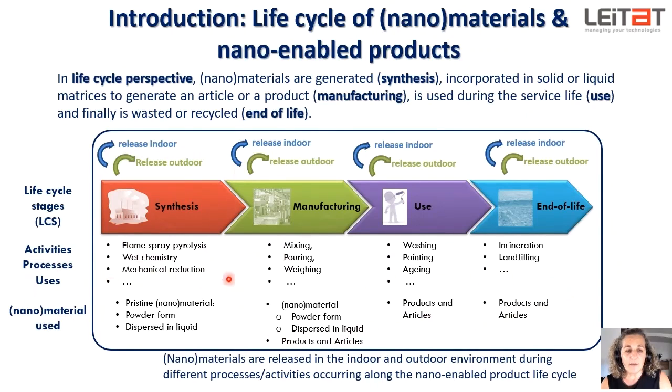Here are some examples of these processes, which we also call activities, that take place during the synthesis, manufacturing, use phase, or end of life. And during this, we can monitor the nanomaterial releases, but of course, some of the properties of these processes will influence this release during the life cycle stages.